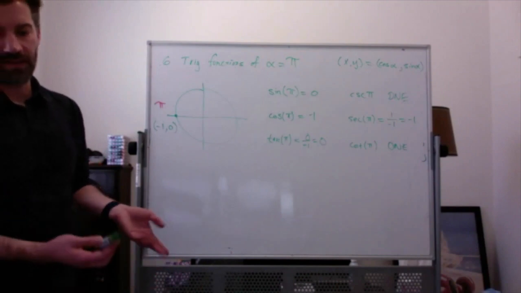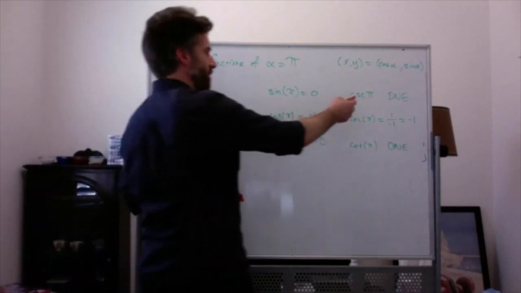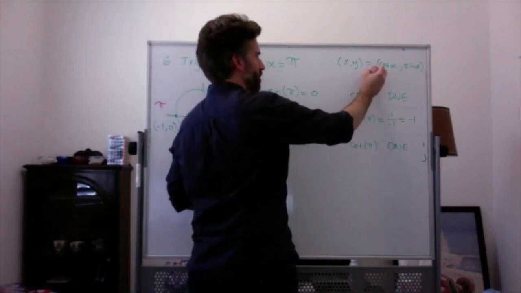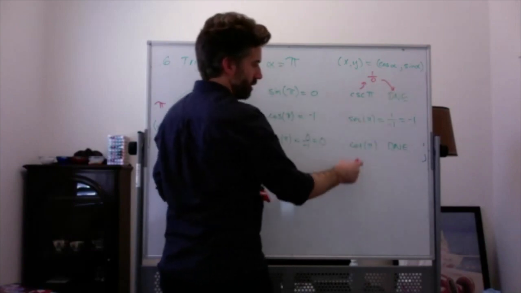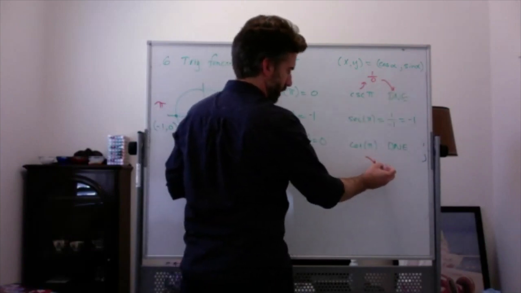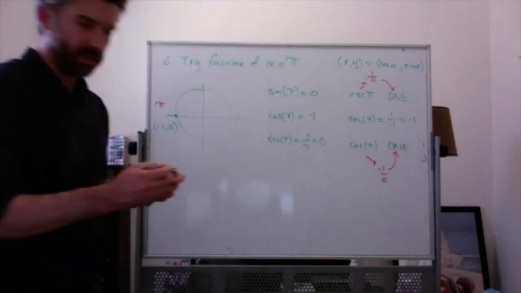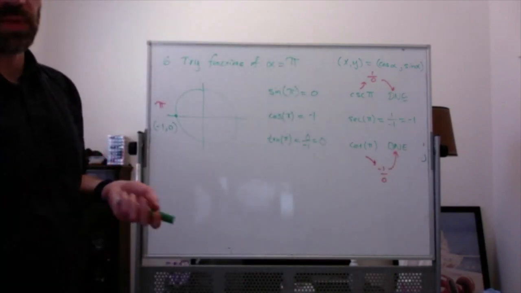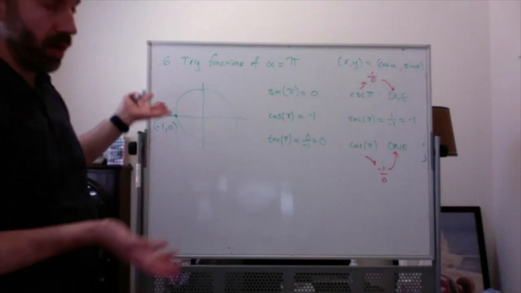Something that's not important, but I just want to point out, technically, if you were writing this out, you'd say cosecant of pi is 1 over 0, which does not exist. Cotangent of pi would be technically -1 over 0, which would then not exist. I don't need you to write that down for me when you're doing these problems, but I just want you to be aware of that.